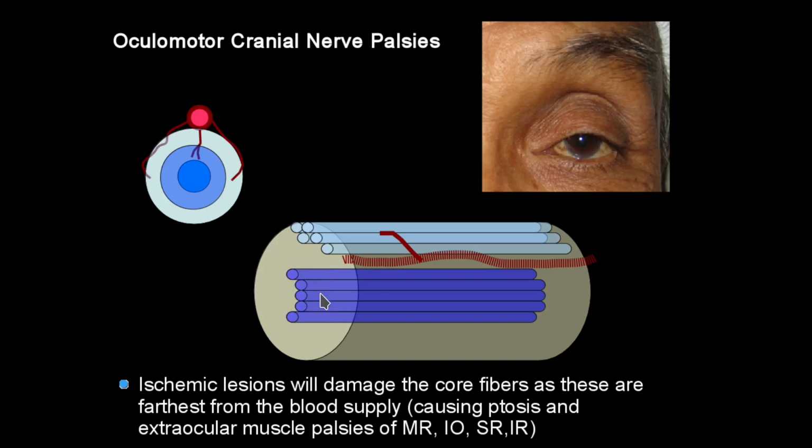So the ones on the inside. So in people with long-standing poor blood sugar control, they can get damage to their nerves because their arteries are clogged up with cholesterol deposits.